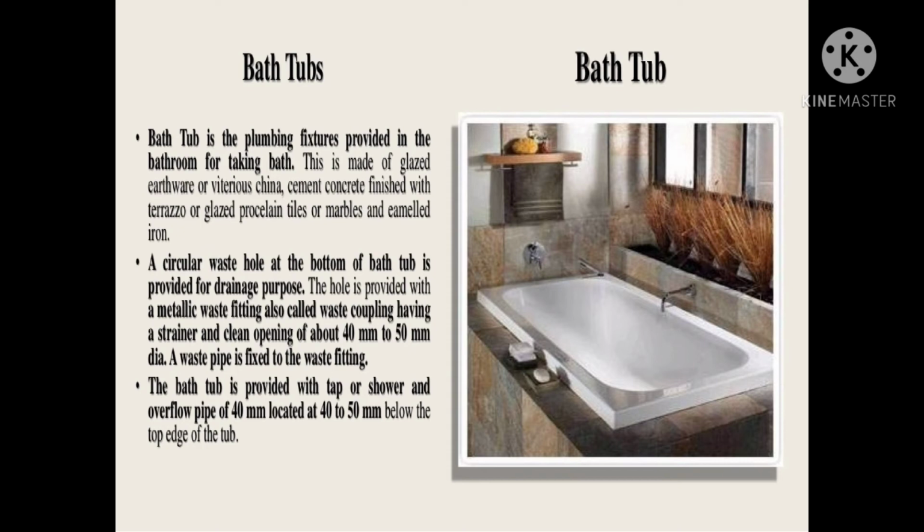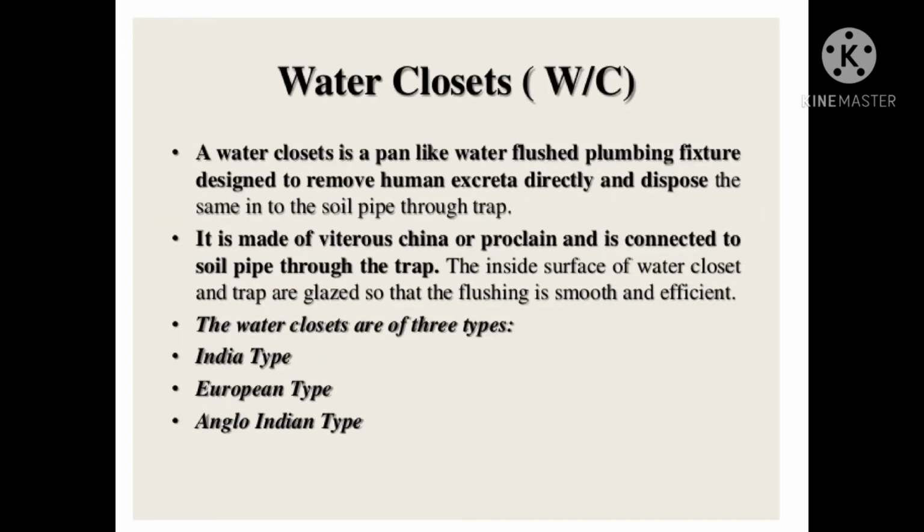The hole is provided with a metallic waste fitting, also called waste coupling, having a strainer and a clean opening of about 40 mm to 50 mm dia. A waste pipe is fixed to the waste fitting. The bathtub is provided with a tap or shower and overflow pipe of 40 mm located at 40 to 50 mm below the top edge of the tub.